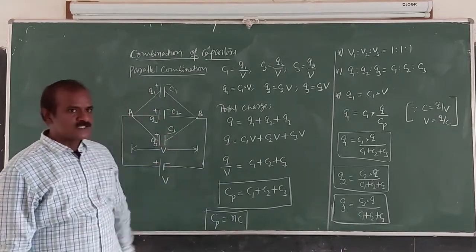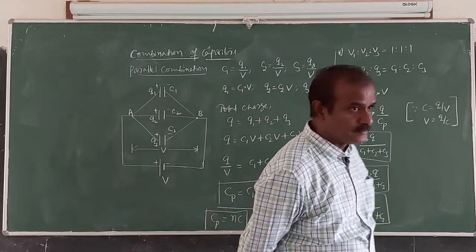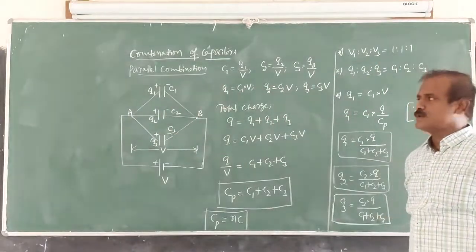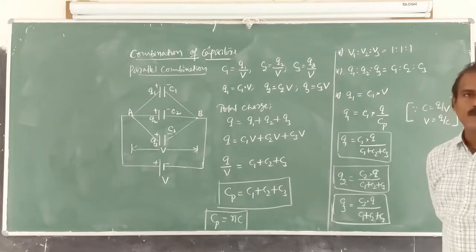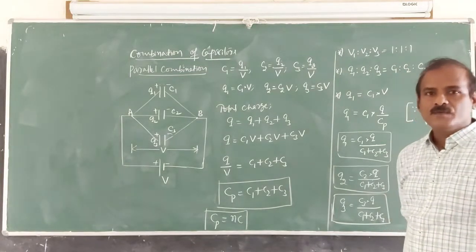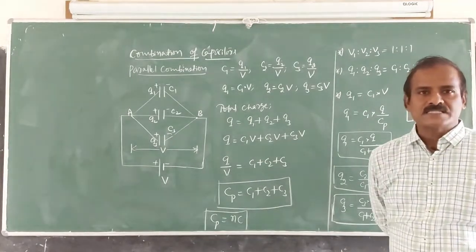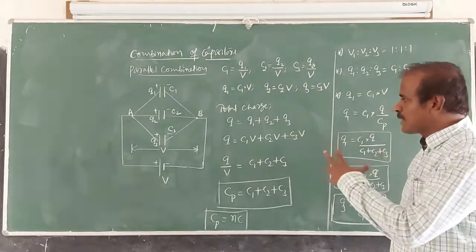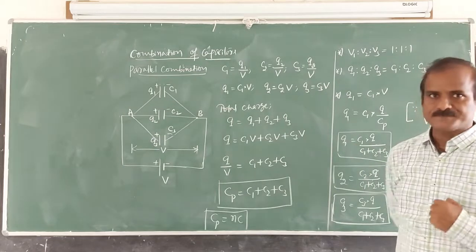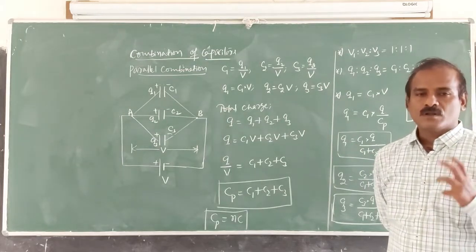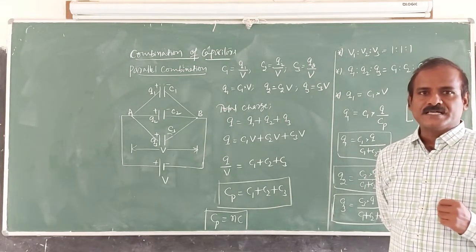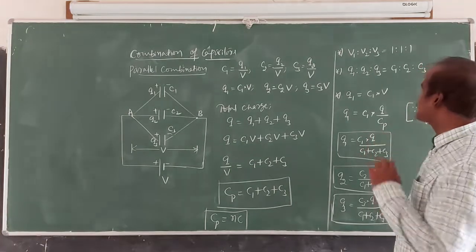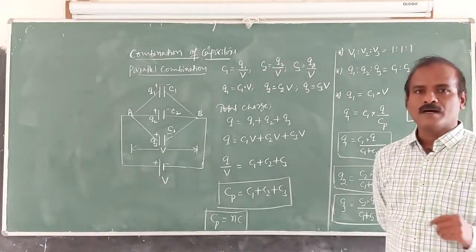Well students, this is for parallel combination of capacitors. How is the parallel combination? Whenever you need to increase the total capacitance, we need to combine the capacitors in parallel so that total capacitance or effective capacitance increases. What are the characteristics here? Here potential will remain same, however charge will divide.